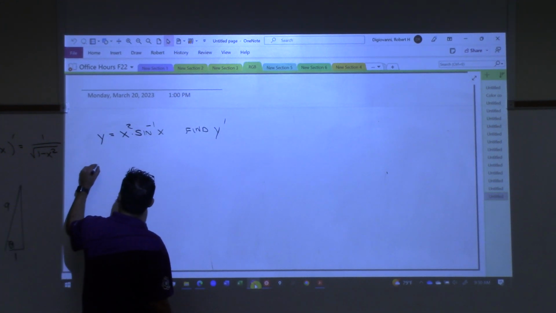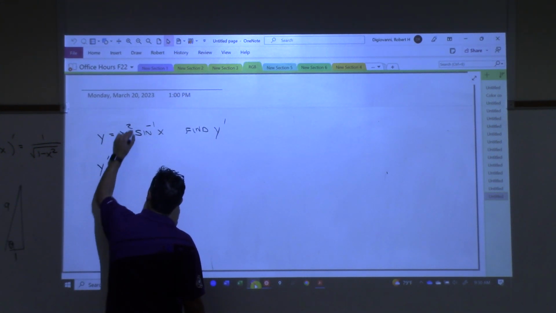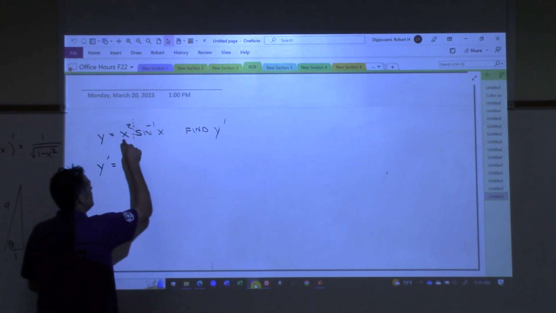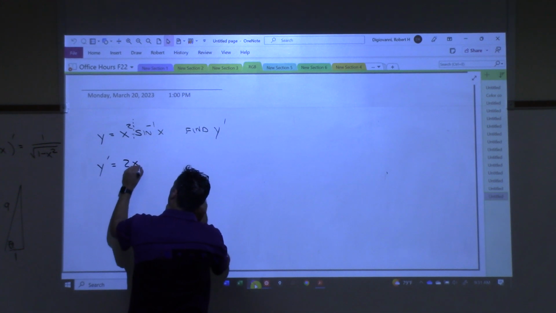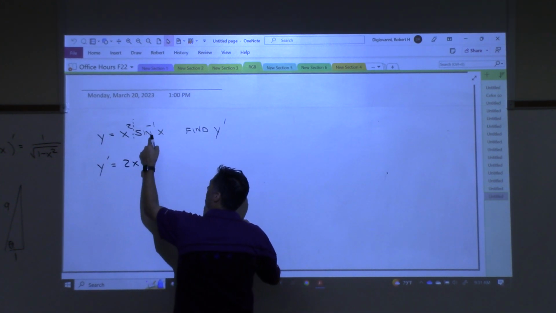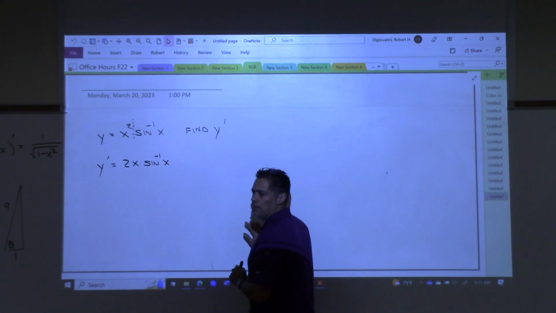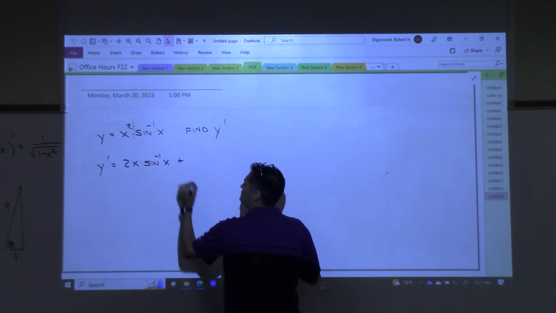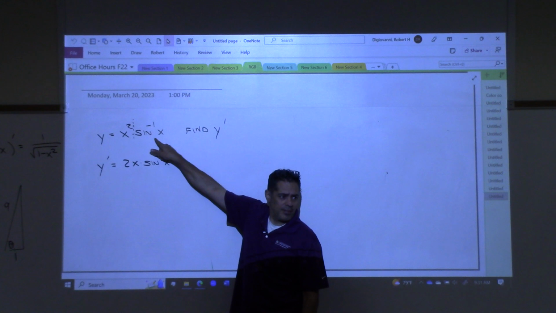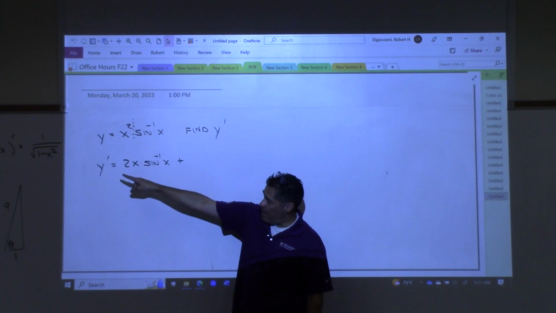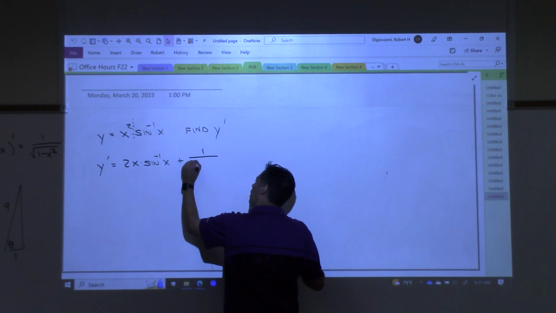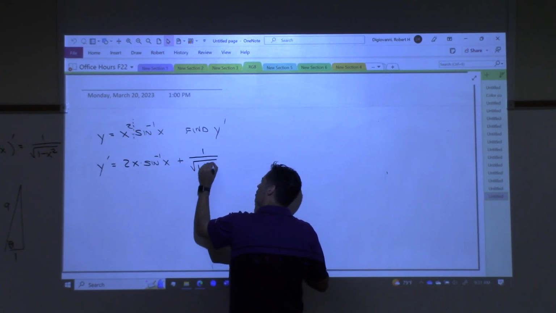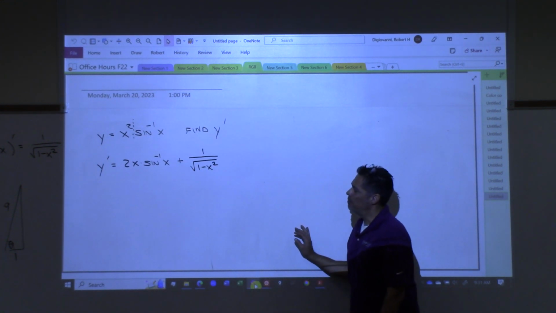So the derivative of this would be, well, here's my product, right? It's the derivative of the first one, which is 2x, times sine inverse, right, with no derivative on that one. Plus, now the derivative of sine inverse x, which is 1 over the square root of 1 minus x squared, right?